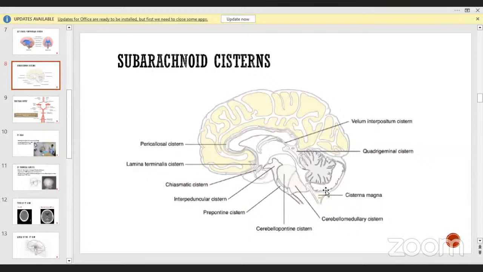These five cisterns are important in CT scan.